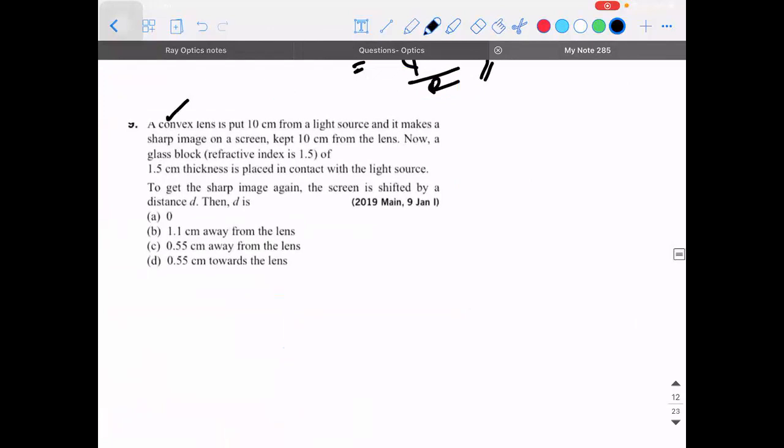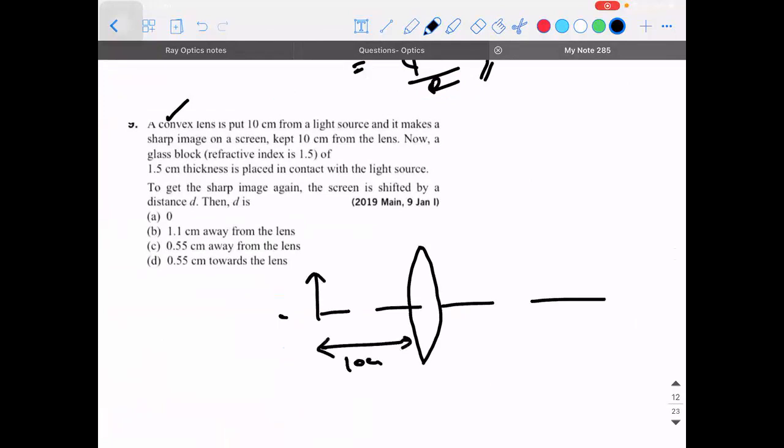So there is a convex lens. The convex lens is put 10 centimeter from a light source and makes a sharp image on the screen kept at 10 centimeter from the lens. So the object is placed at a distance of 10 centimeter and the image is also formed at 10 centimeter.